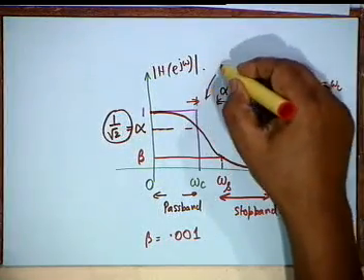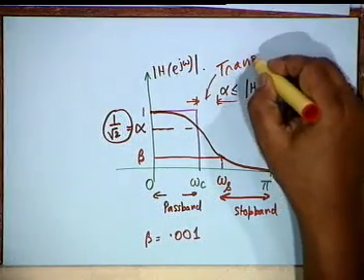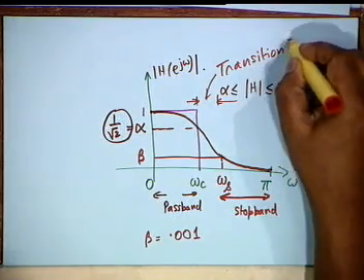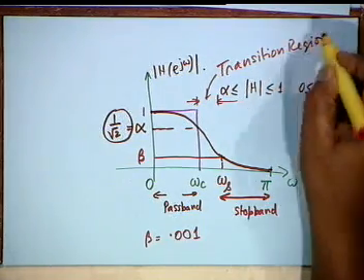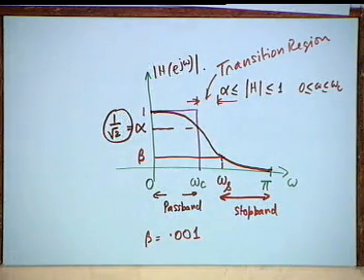Okay. So, you must allow a region, and this region is called the transition region, the transition between pass band and stop band. The narrower the transition region, the better is the filtering.